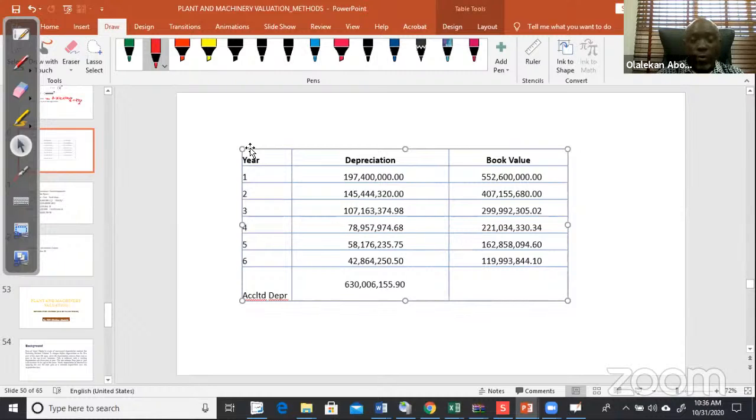In using the table, we come up with the table of depreciation and book value over 6 years. And that is what we have here.